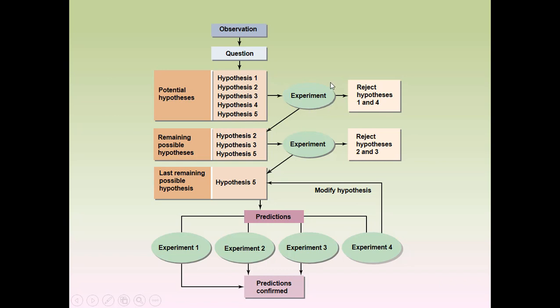So then we perform an experiment. So maybe I simply replace the battery, okay? If my car does not start after I replace the battery, I can reject that hypothesis. That leaves several hypotheses left. You know, maybe it's the ignition wires.